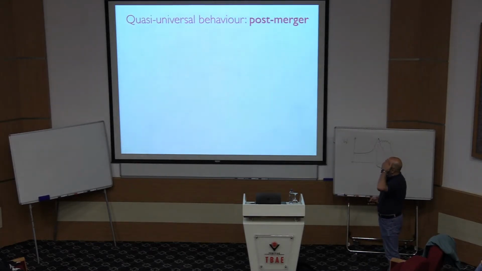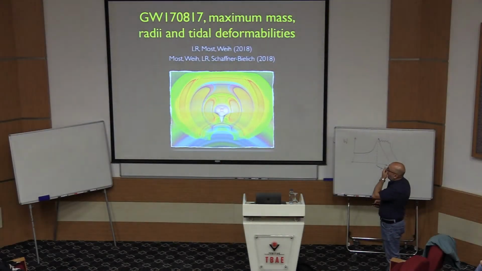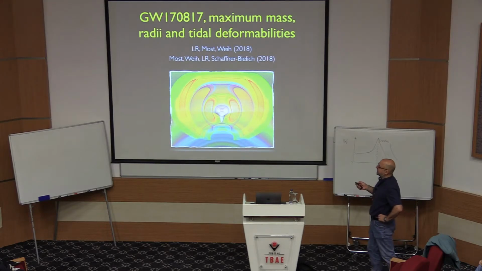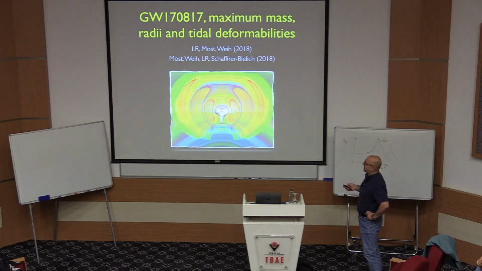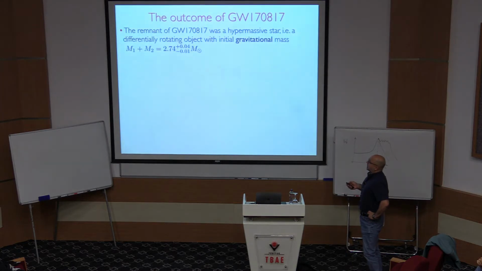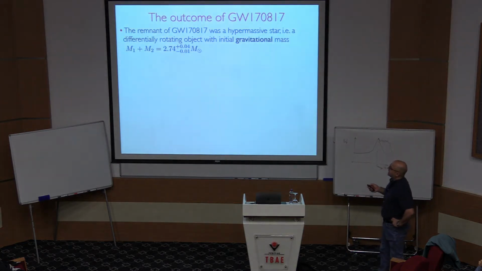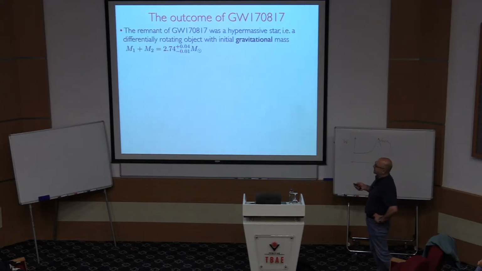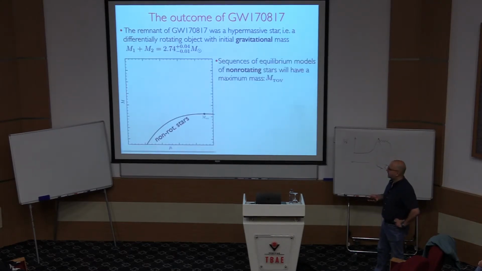Okay, what is it that we can tell on the basis of this event? So, what we know is that GW170817 was a hypermassive neutron star, and that's because the object produced had a total mass initially of 2.74, and this is way too big to be sustained by any equation of state that we know of.